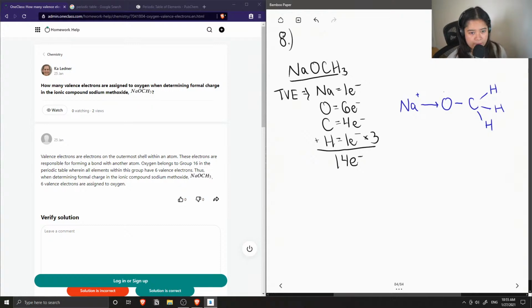So we have 2 electrons in each bond, and we have a total of 5 bonds. So we have 10. So we need 4 more electrons, and the remaining 4 will go on our oxygen. Okay, so we can kind of draw the ionic bond like this.